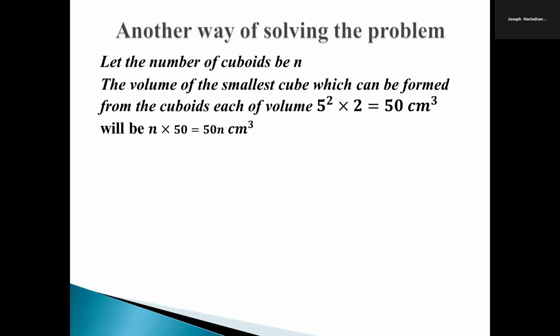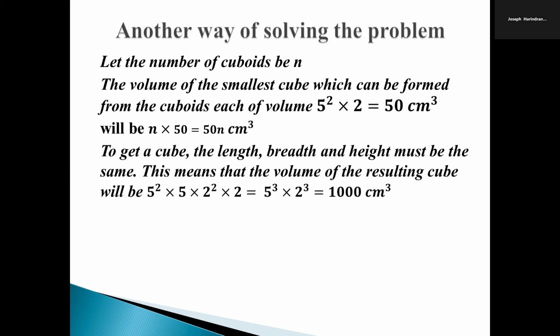If there are n cuboids, we multiply it by n, so 50n centimeter cube. To get a cube, the length, breadth and height must be the same, isn't it?